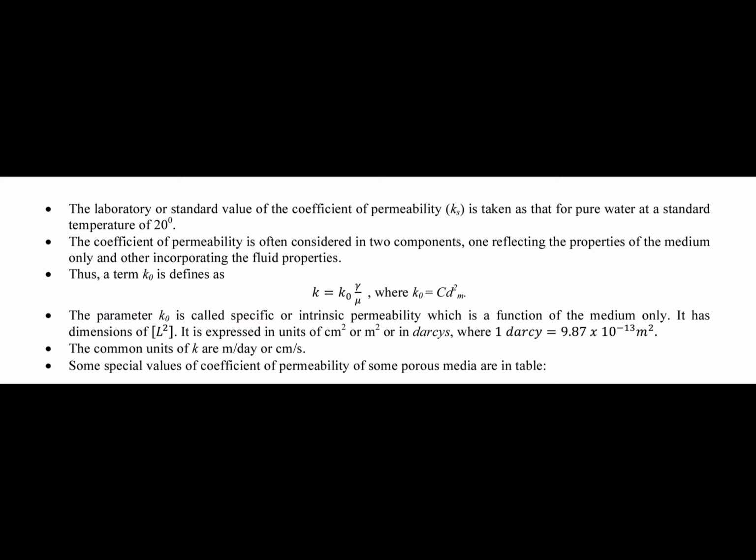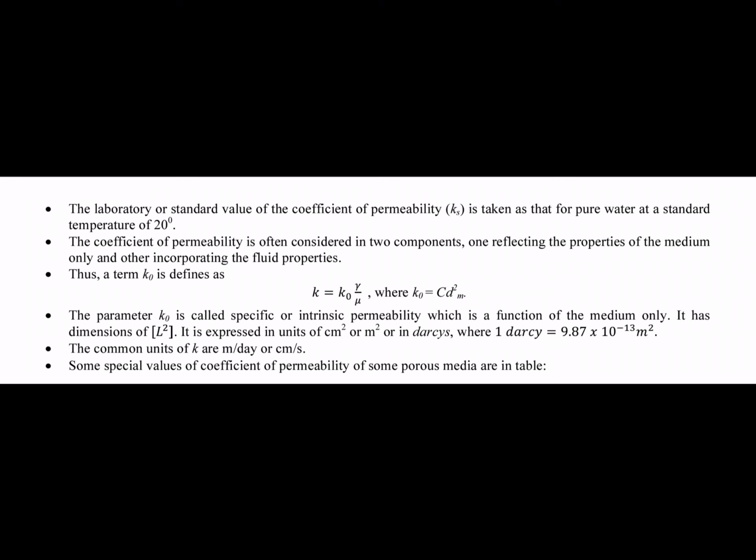So it is very much advisable to deal in dimensionless quantities or numbers. Like Reynolds number is also a dimensionless number. So to make this K, our permeability, a dimensionless quantity, what we are going to do, we will multiply it with mu upon gamma.